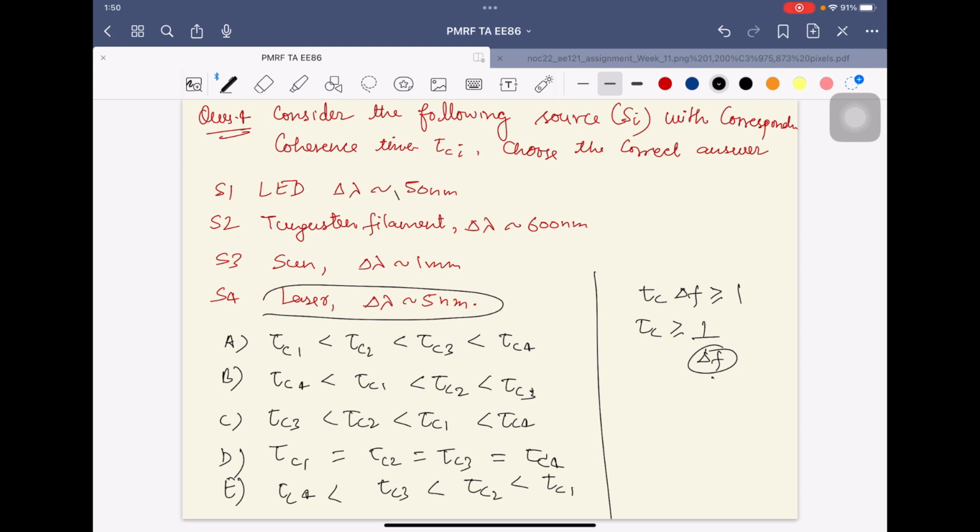So tau c4 is highest, and in these two, all these answers are incorrect other than 5. Then this is 50 nanometer, so source 1 will be second highest. So this will be the correct answer.